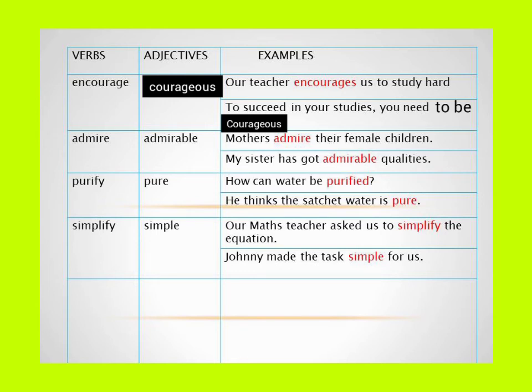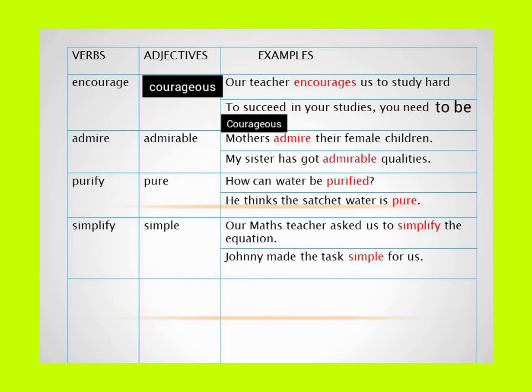How about in purify, a verb? What we simply did was to drop the suffix fy, and now we have pure. And in simplify, we also drop the suffix fy. We have simple.